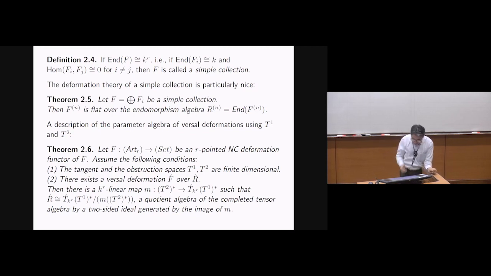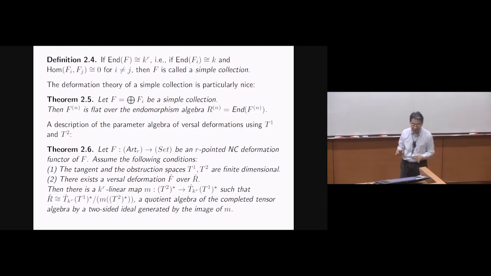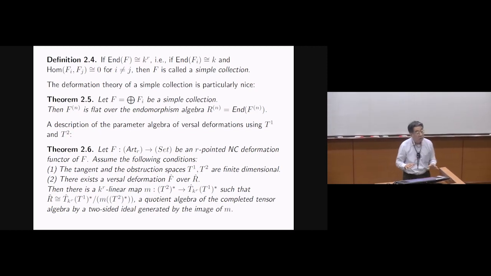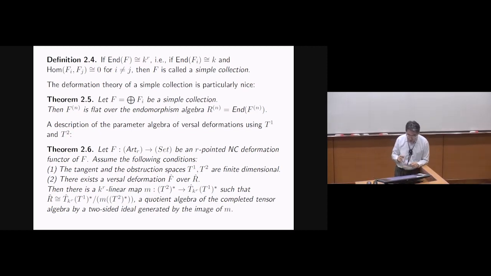And in this case, the tangent space and obstruction space. Suppose... this theorem framework is more general. So in this case, things can be a little bit more general. This is not necessarily a deformation functor of a sheaf. But suppose that the tangent space and obstruction space are finite dimensional vector spaces, and there is a versal deformation. We know that in the case of sheaves, they are satisfied.